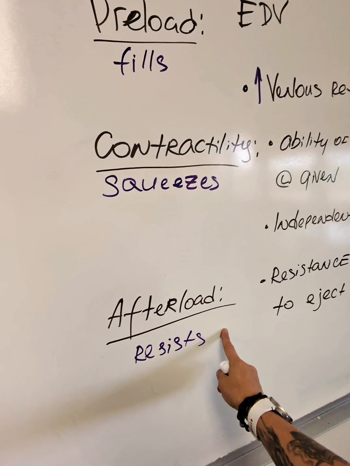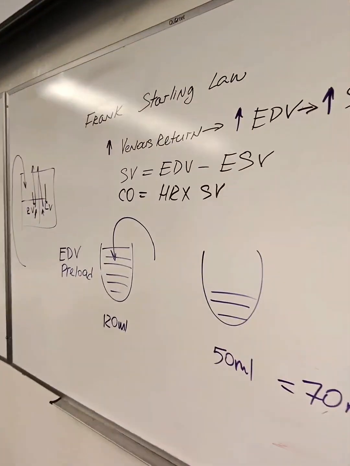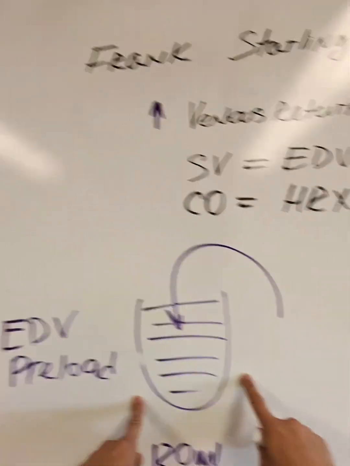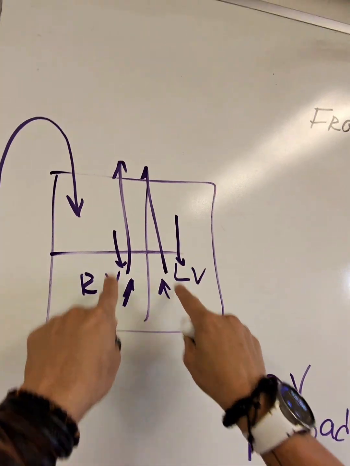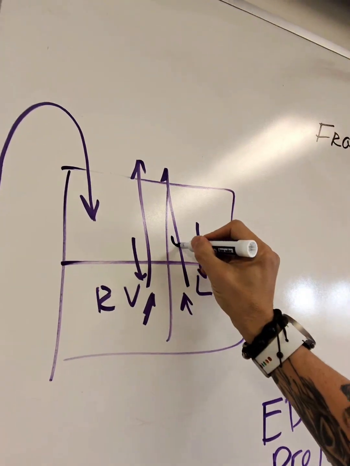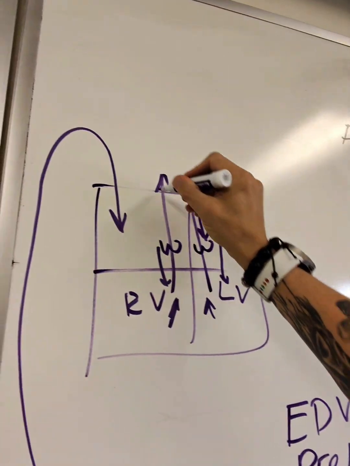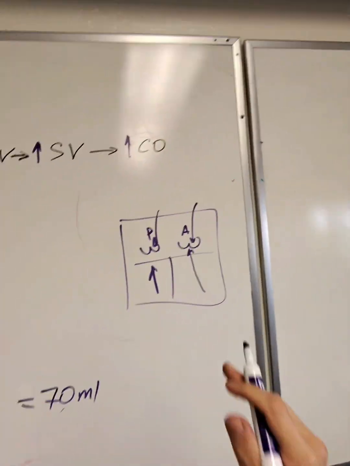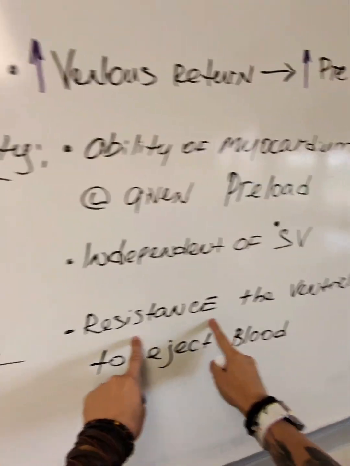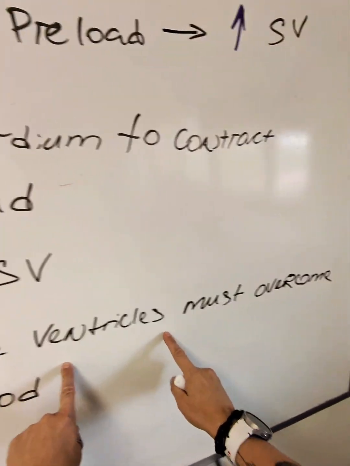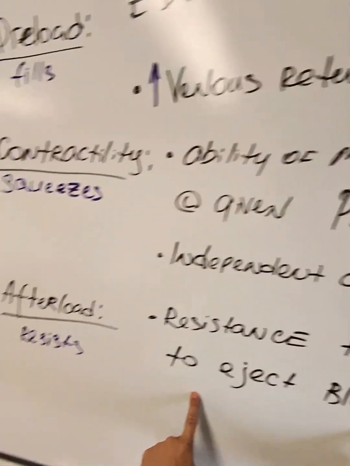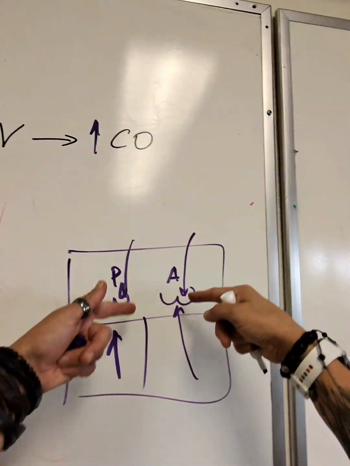What is the afterload? That's a resistance. For the ventricles to eject blood, they have to eject the blood against the force that's being applied on the valves. So the afterload is the resistance that the ventricles must overcome to eject the blood. There is a pressure.